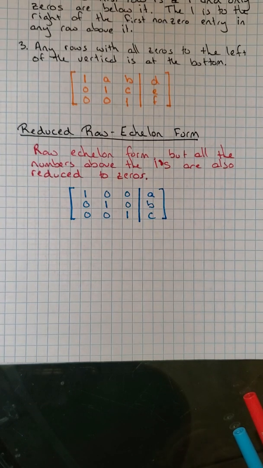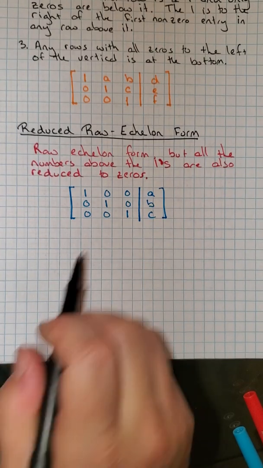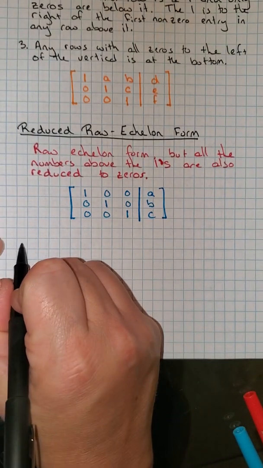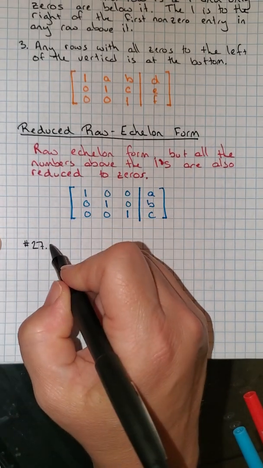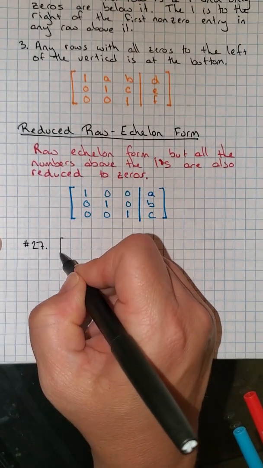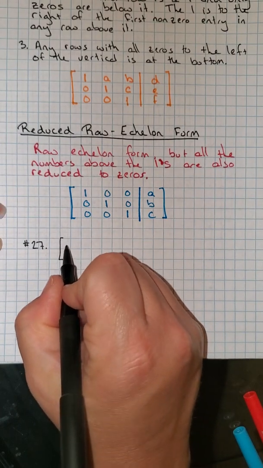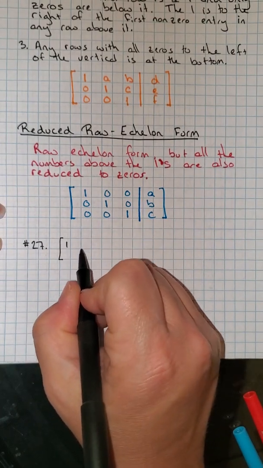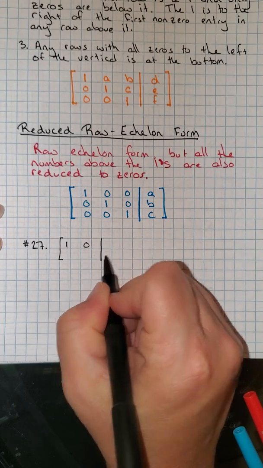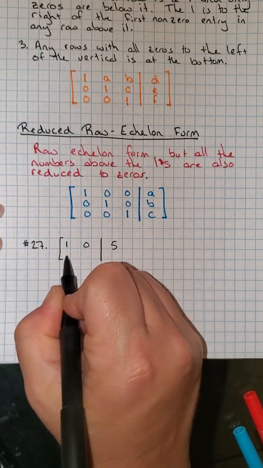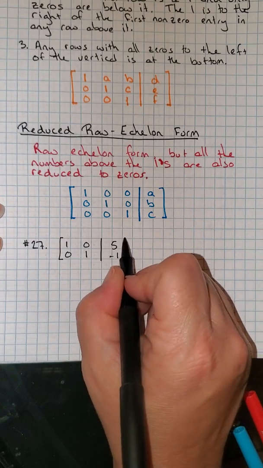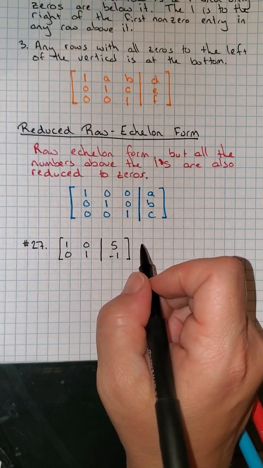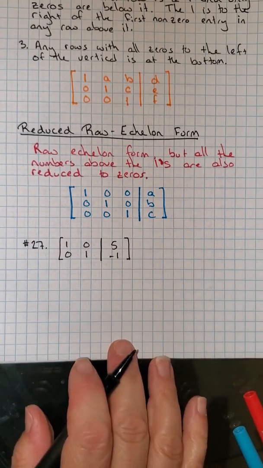All right, so if we look at number 27, it's going to give you the reduced row echelon form. We're given 1, 0, and then 5 to the right of the vertical, and 0, 1, -1 to the right of the vertical. And it says the reduced row echelon form is given.